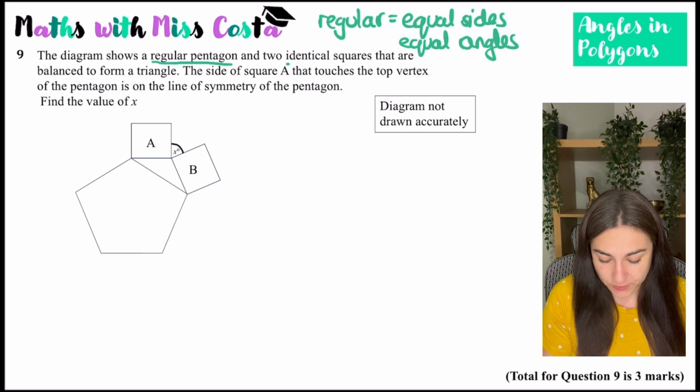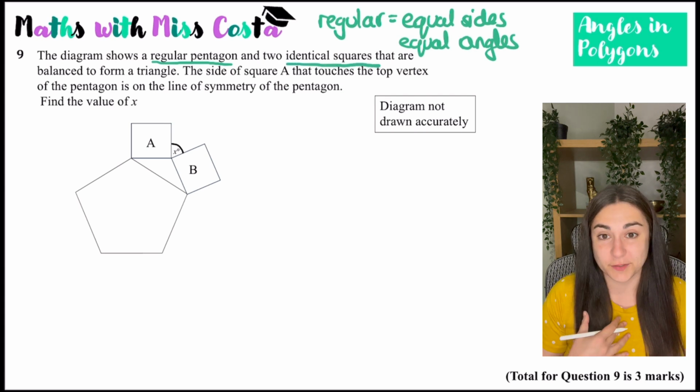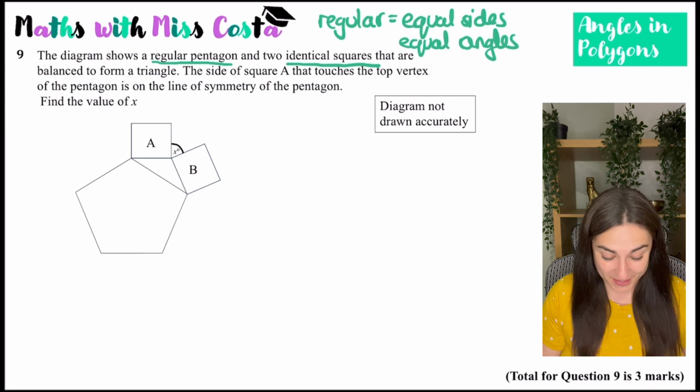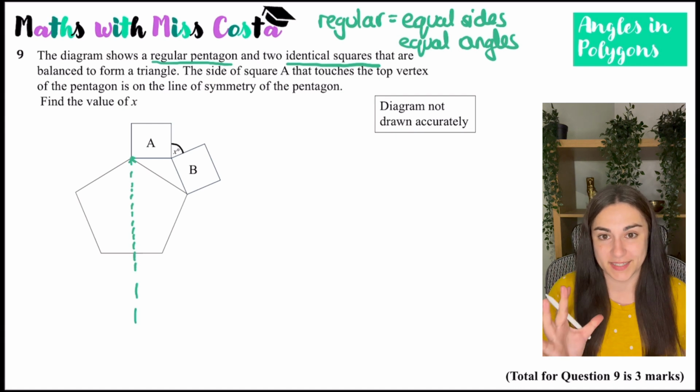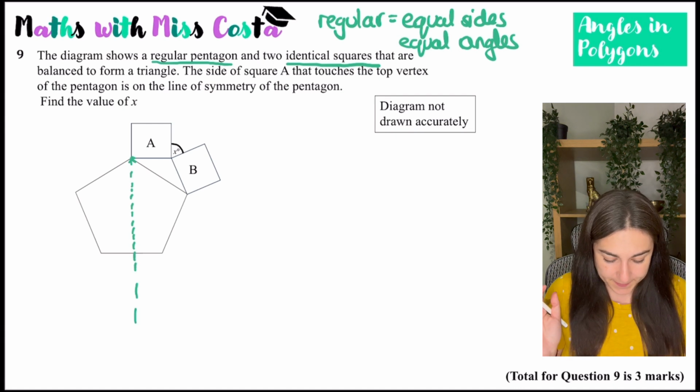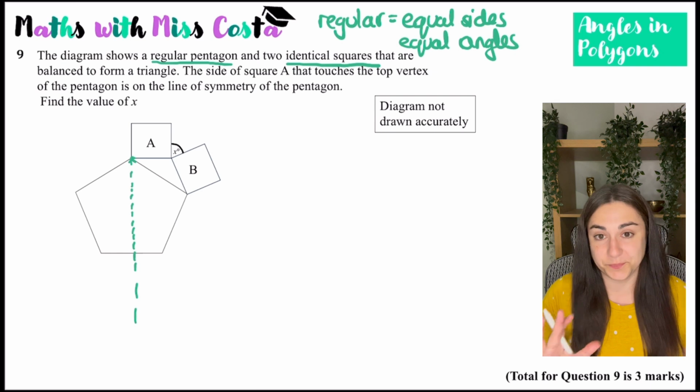And two identical squares that are balanced to form a triangle. Sorry, my voice is just going. The side of square A that touches the top vertex of the pentagon over here is on the line of symmetry of the pentagon. So what that means is it splits the pentagon exactly in half. And I need to work out the value of x.